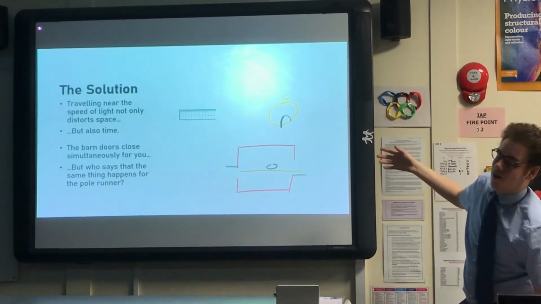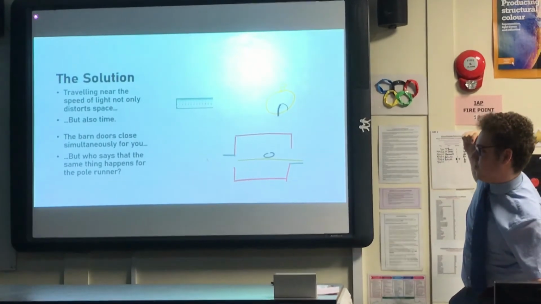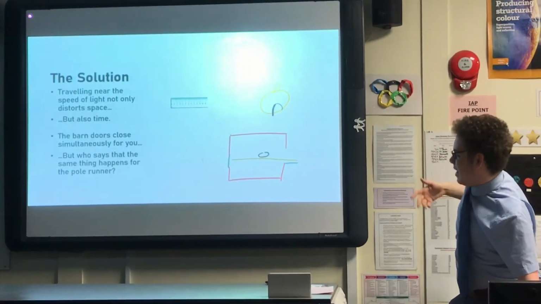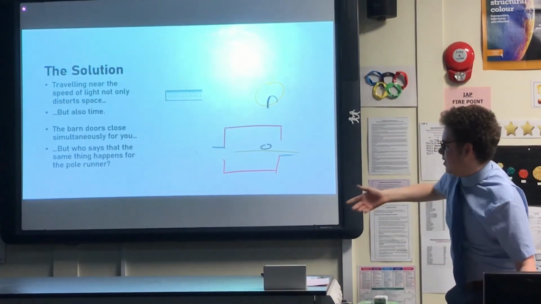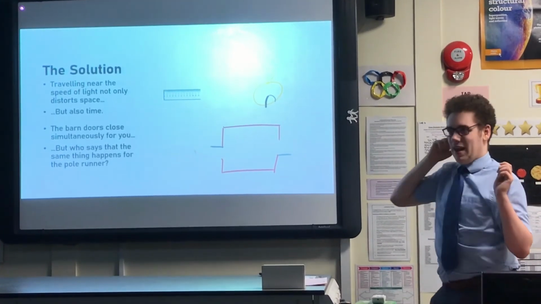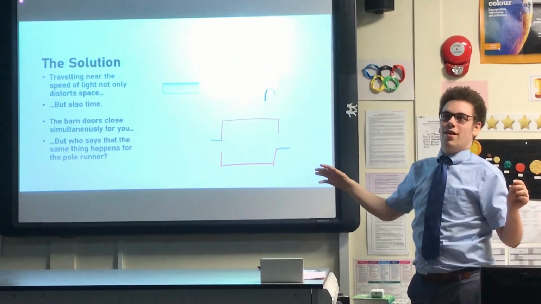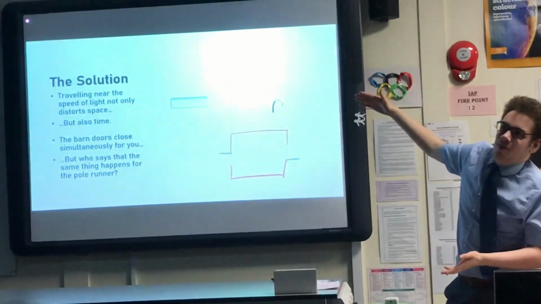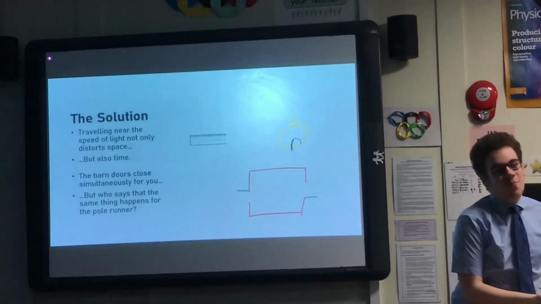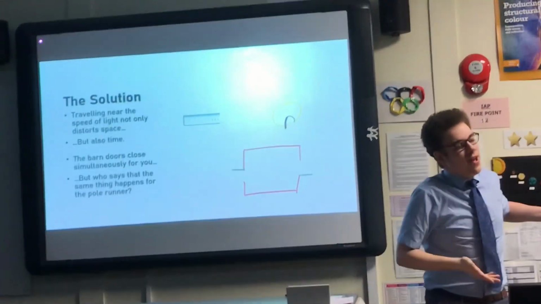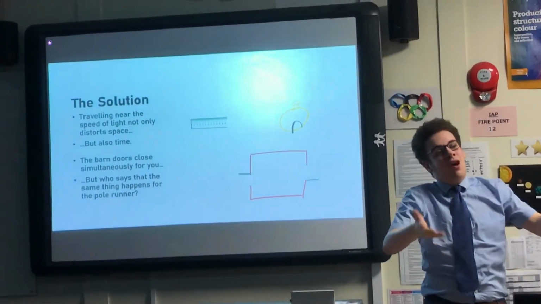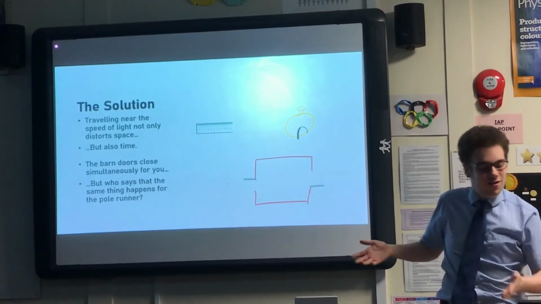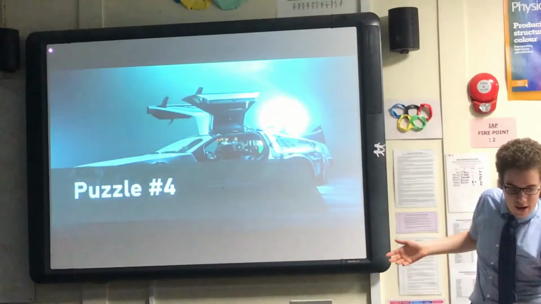And then the back part of the pole passes through the front door, and then that door closes and opens, and it continues on. So that explains why the pole cannot fit in the barn, but also fit in the barn at the same time, because events transpiring for you are different from events transpiring for the pole runner.